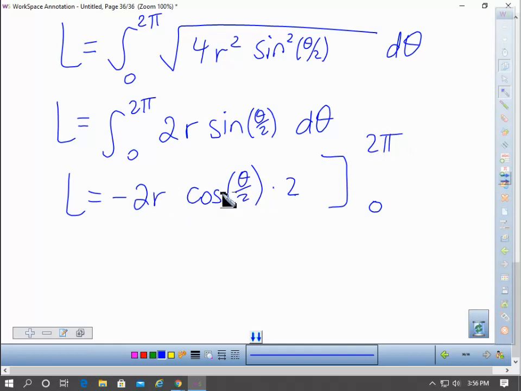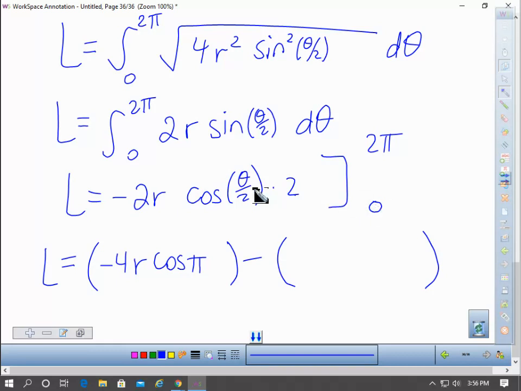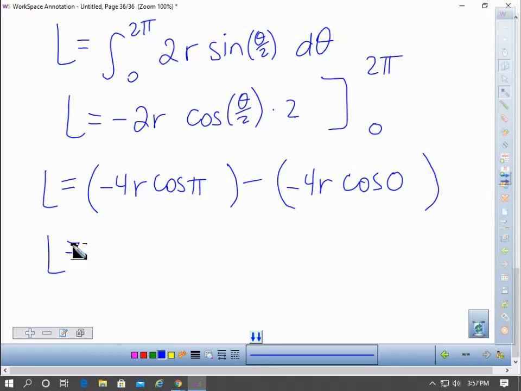So what have we really got here? We have negative 4. When I'm doing my fundamental theorem of calculus, this is negative 4r, and we're doing the cosine. Put a 2 pi in first, so 2 pi divided by 2 would just be pi. Now you're going to put a 0 in here, so we're going to have negative 4r cosine of 0.